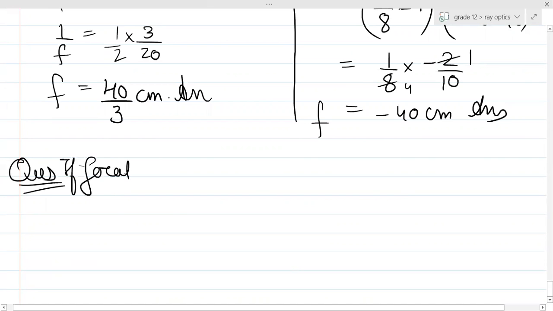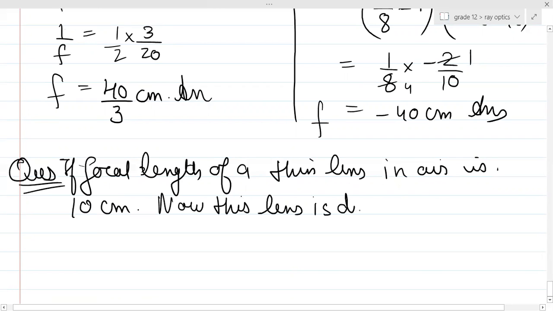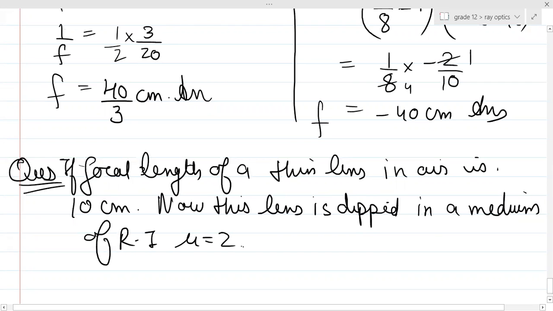These are very important types. The focal length of a thin lens in air is 10 centimeter. Now this lens is dipped in a medium of refractive index mu equals 2.